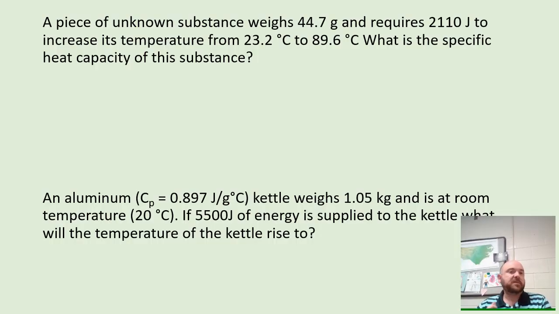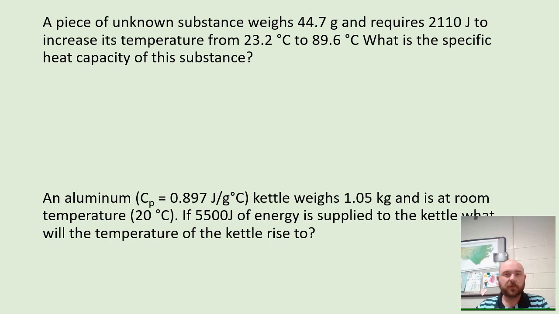Okay, so our next examples here. This next one sounds a lot like the previous problem we just did. It says a piece of unknown substance weighs 44.7 grams and requires 2110 joules to increase its temperature from 23.2 up to 89.6 degrees Celsius. What is the specific heat capacity of this substance?